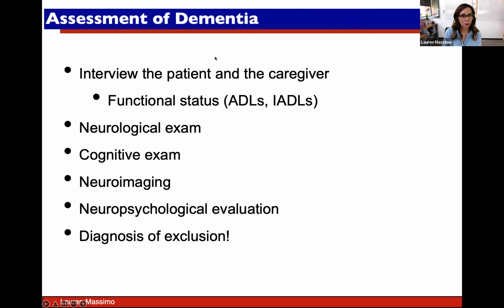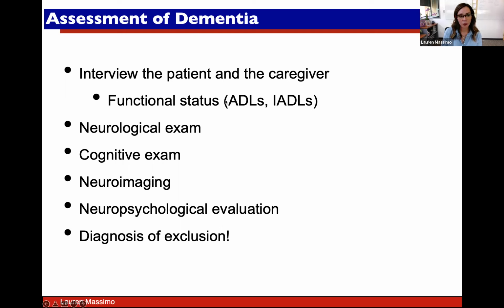So I want to talk a little bit more about the assessment of dementia. It always begins, importantly, with an interview with the patient and the caregiver. The patients with dementia can sometimes have difficulty with their insight. So I just want to emphasize that it's important that you often have a caregiver or someone who knows the patient when you're performing your assessment to really get a good history.